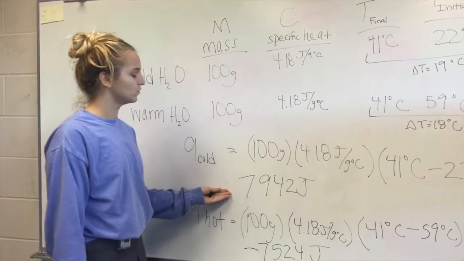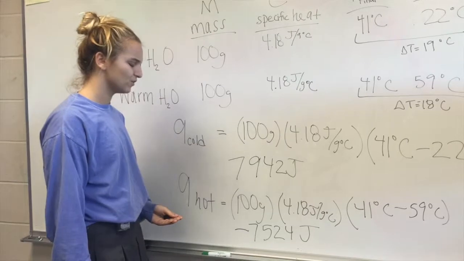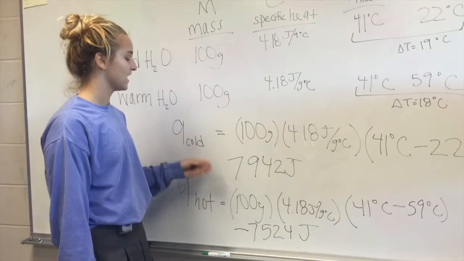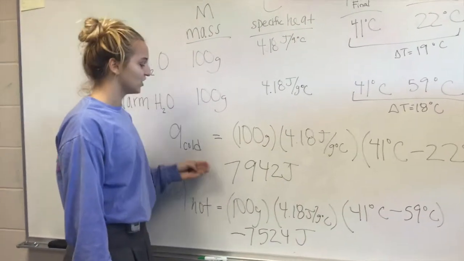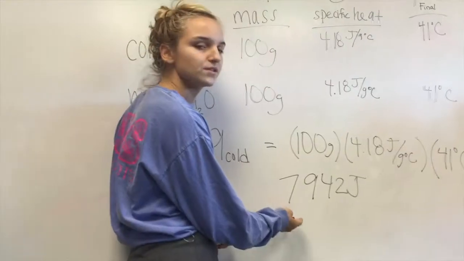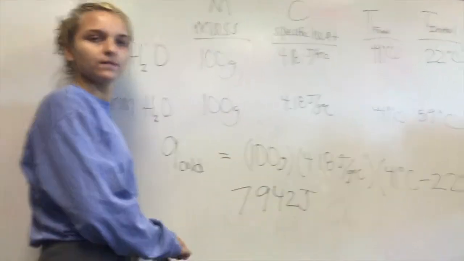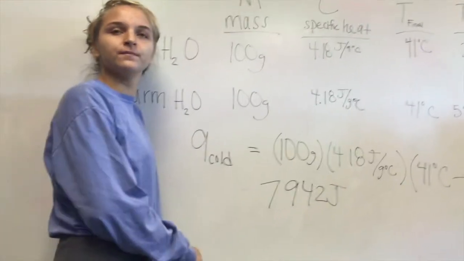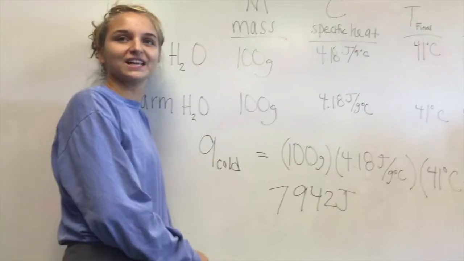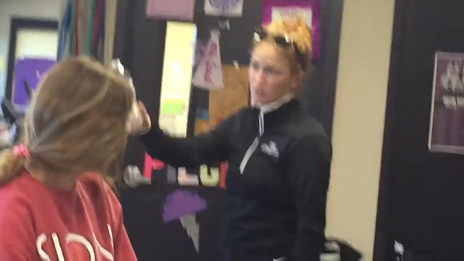The Q of the cold water, which is 7,942 joules, added with... I messed that up. We're rolling. Oh my gosh. Okay, Bill, can you give me 5 seconds? My favorite rapper is Missy Elliott.